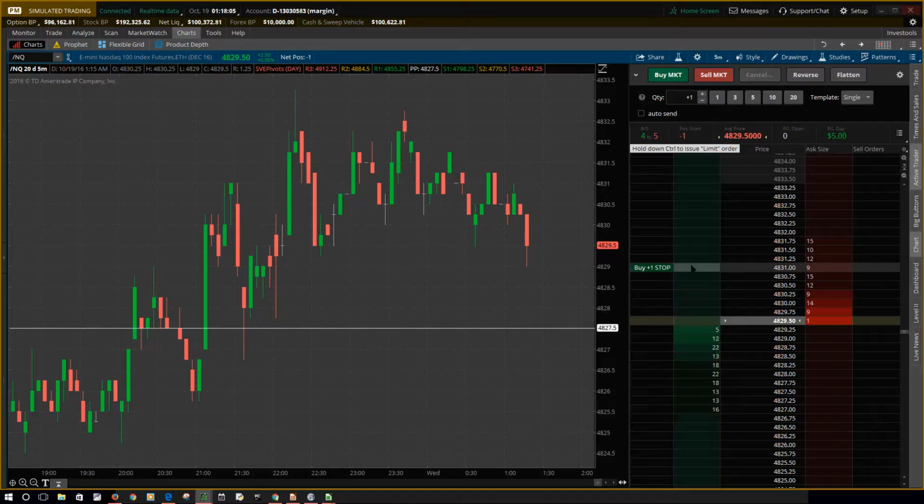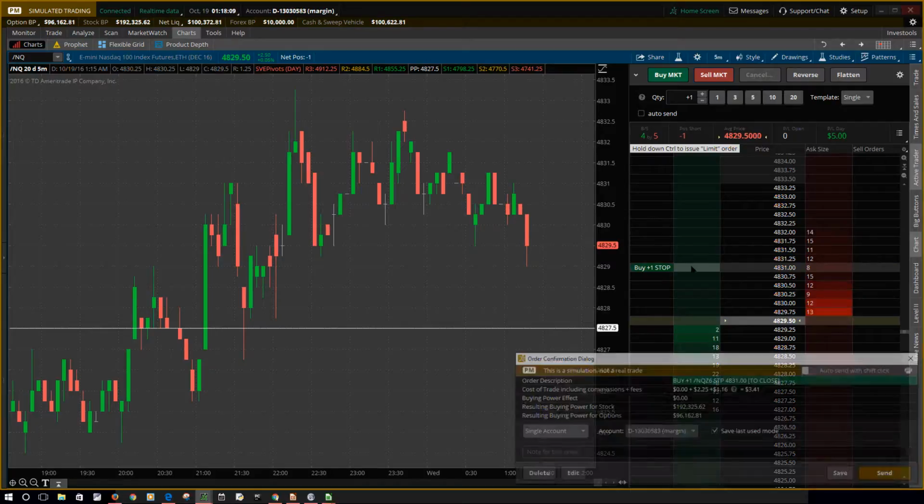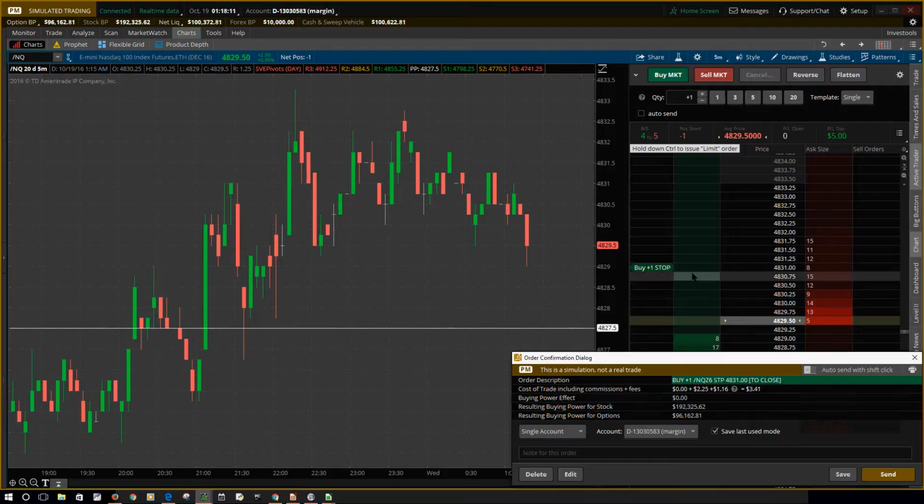On this platform, I can just place my stop by clicking somewhere above price. That's where the market will be going against me, because right now my expectation is for the market to continue going down. So I want my stop above price. I just click above price wherever I want my stop to be.